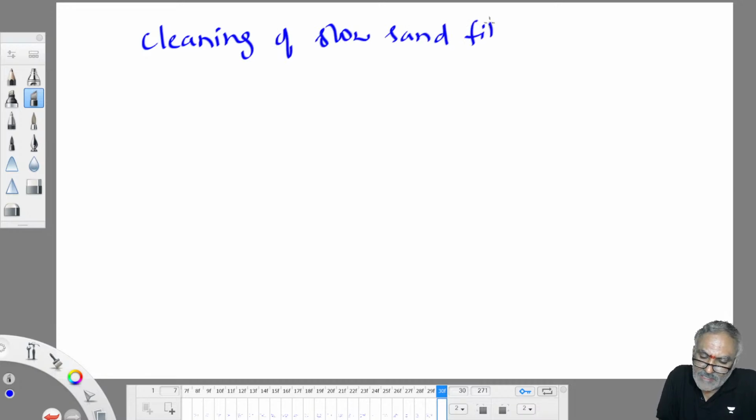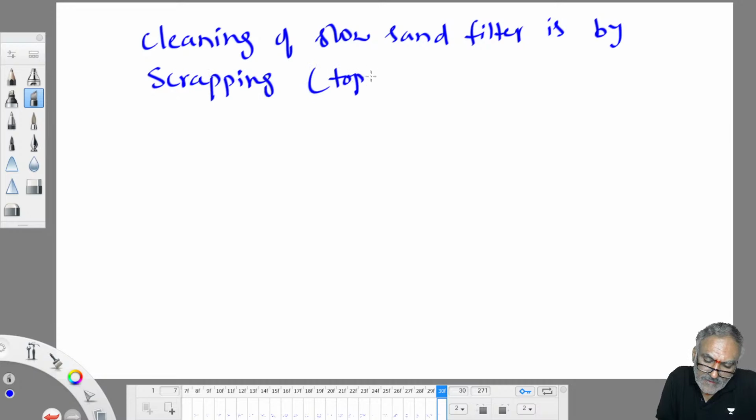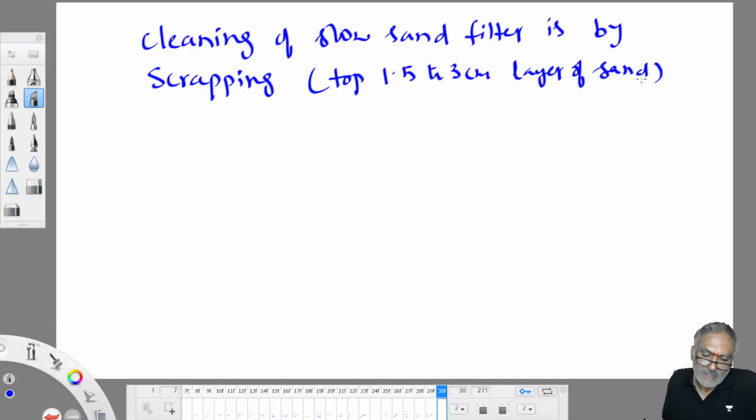These points are important, and some theory questions are also asked. Scraping the top 1.5 to 3 centimeter layer of sand. That's how slow sand filters are cleaned. The frequency of cleaning is once in every 1 month to 3 months.